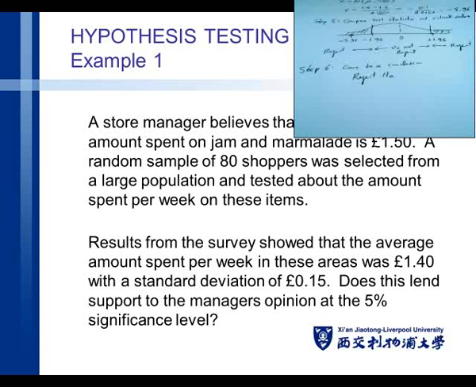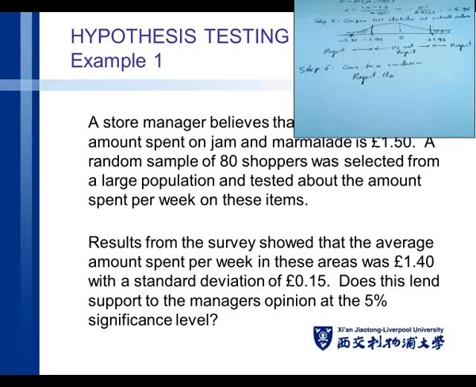So the question was, the store manager believes that the average amount spent on jam and marmalade is £1.50 for the customers that come in. So what does the sample say?